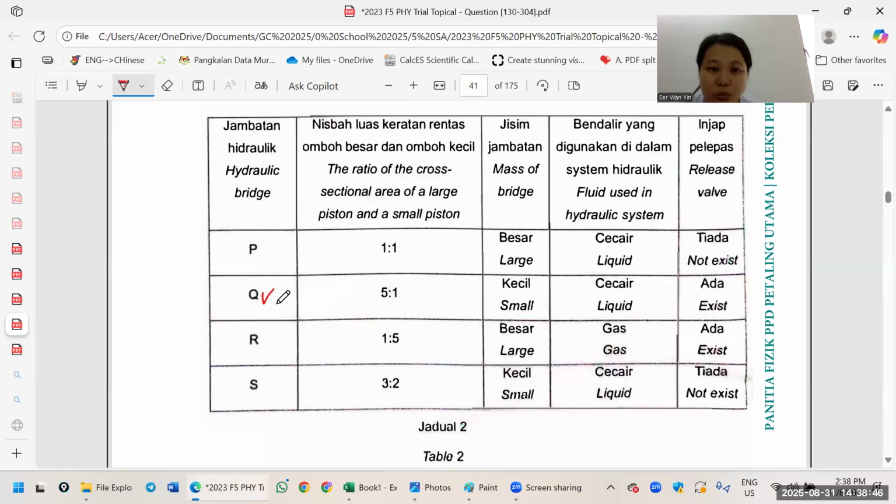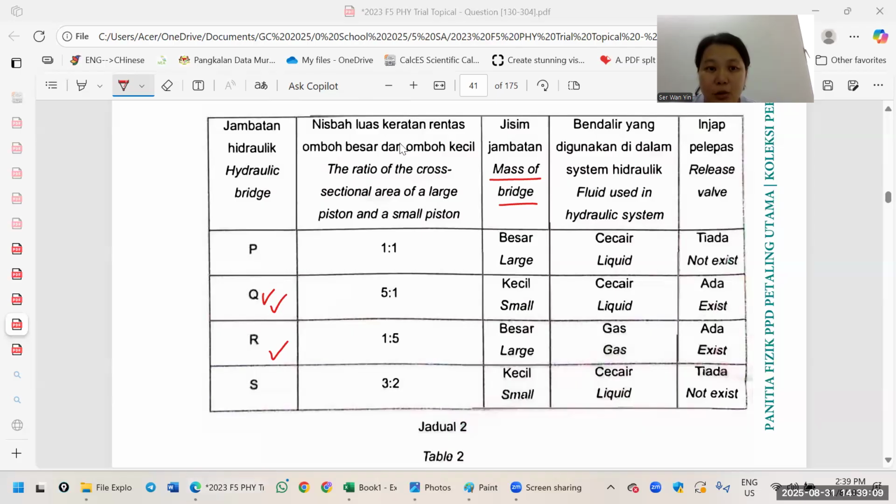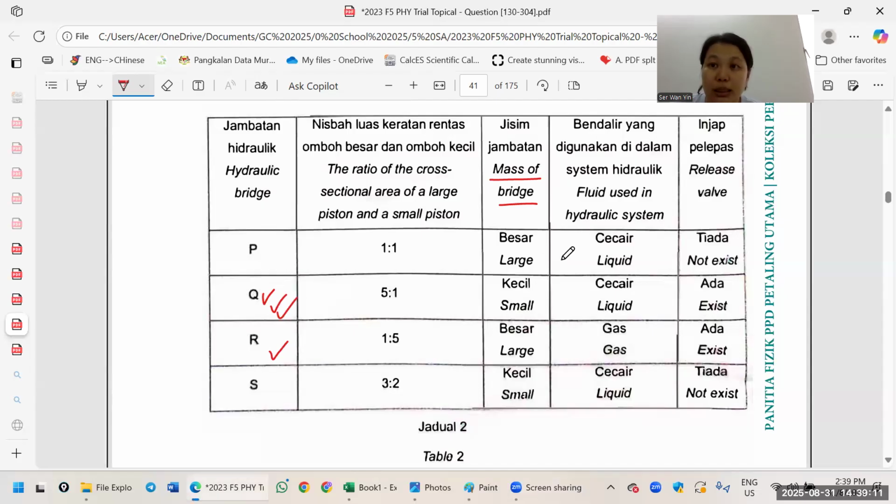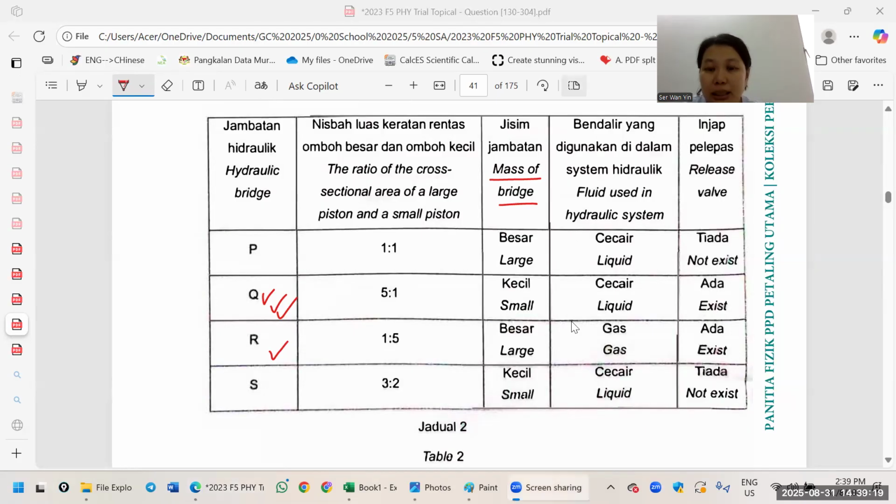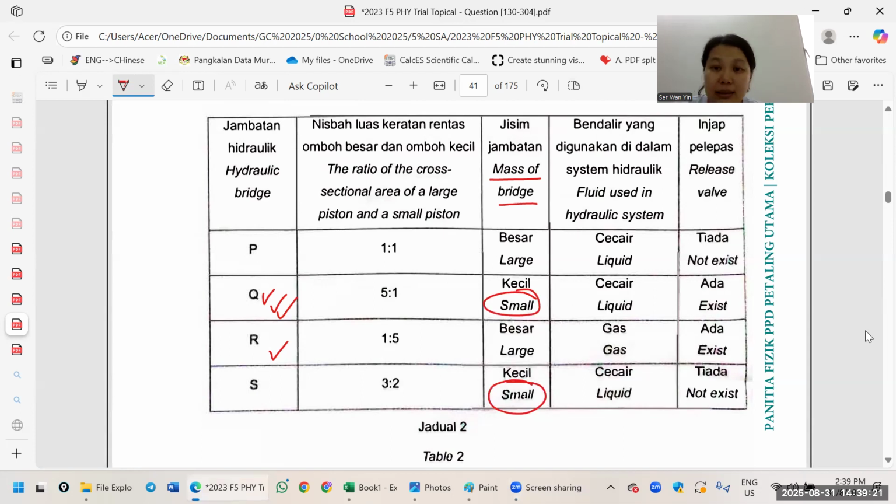Q and Q. If you are not sure about this one, never mind, we look at common sense first. R, we look at common sense first. If you want to lift up the bridge, large mass or small mass? You want to lift it up, so the best, of course, is small mass.